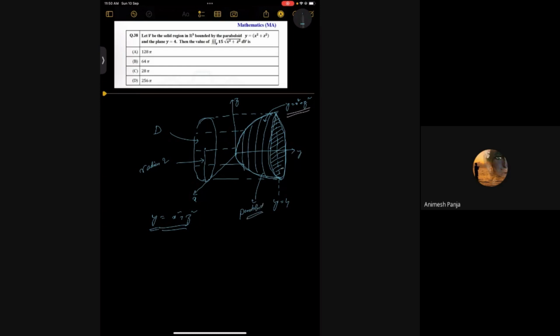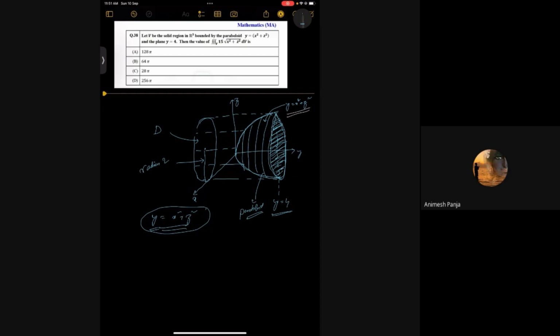And we want to integrate a certain function over this paraboloid. Now the bound of the paraboloid is given by y equal to 4. So the plane y equal to 4, which is parallel to the xz plane, will cut off the paraboloid, and it gives us this shaded area. This is our y equal to 4, the intersection of this paraboloid and the plane y equal to 4.